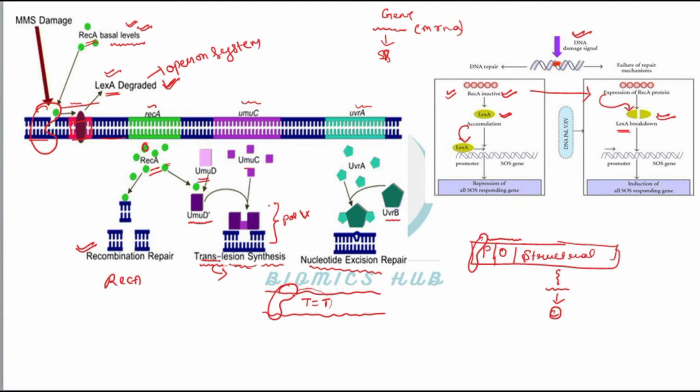It bypasses this portion and synthesizes the genes which are present, and this is done by polymerase V, which is a mixture of UMUD dash as well as UMUC. Here two UMUD dash are present and one UMUC is present.